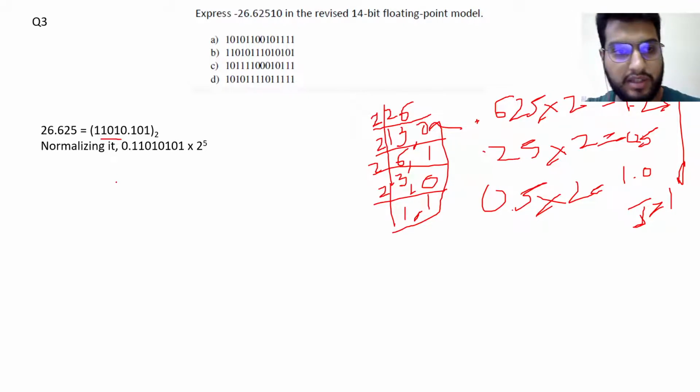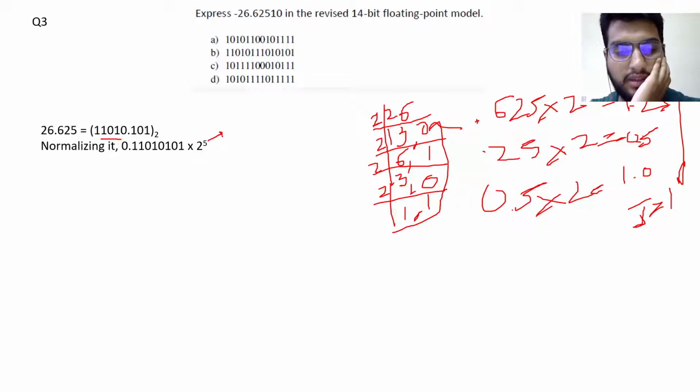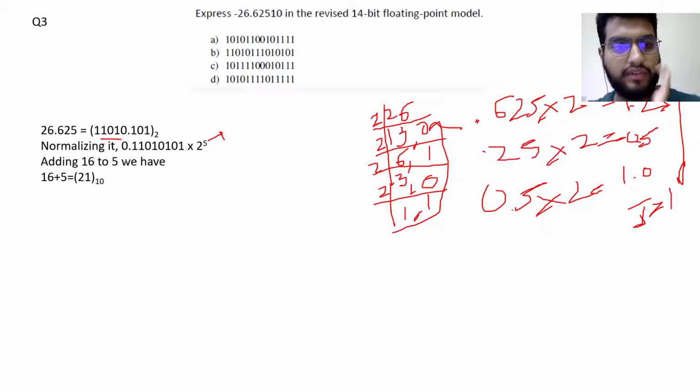Now we normalize the number and write it in this form: 0.11010101 raised to 2 to the power 5. This is our exponent, and to use the bias we add 16 to it, and we have the number 21 here.